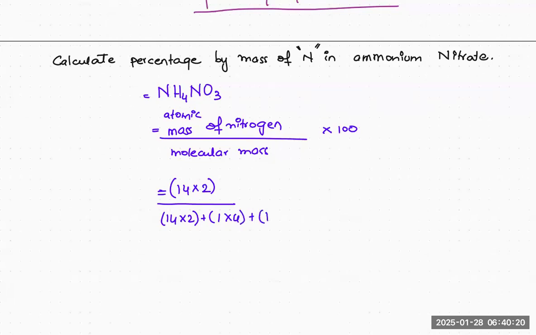So quite simple. Simply take the mass of whatever element the examiners have asked you. Okay, they've asked you nitrogen, oxygen, hydrogen, whatever. You take the atomic mass, divide it by the molecular mass and calculate the percentage. So Haja, can you tell me what percentage by mass you will get?